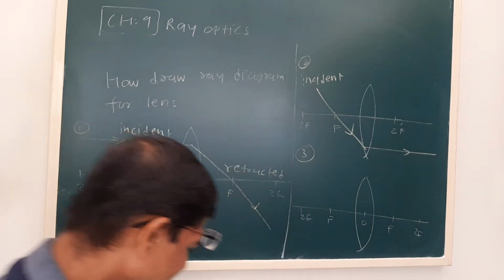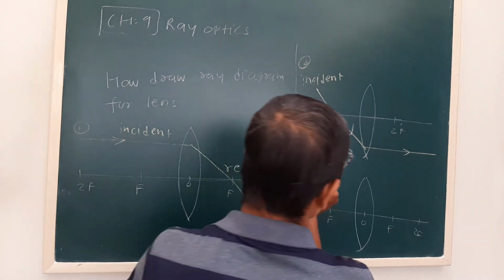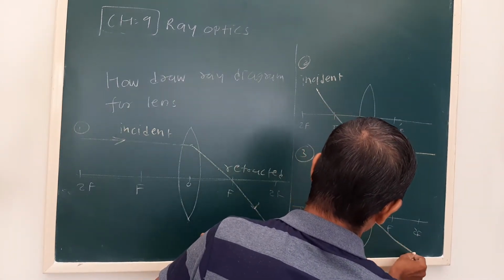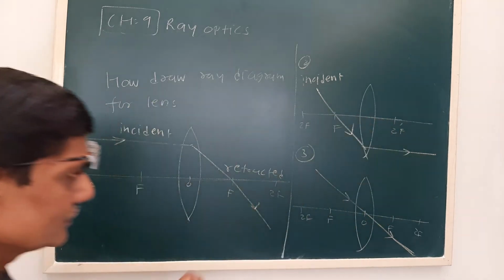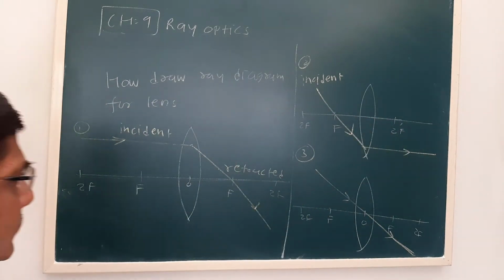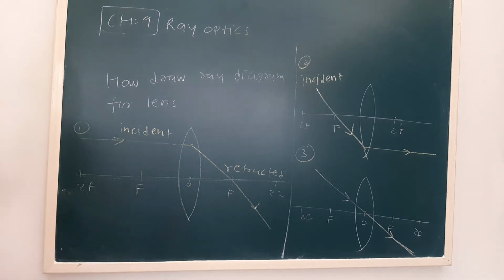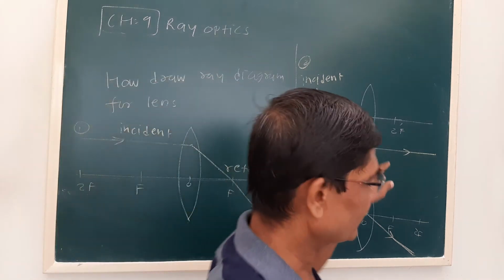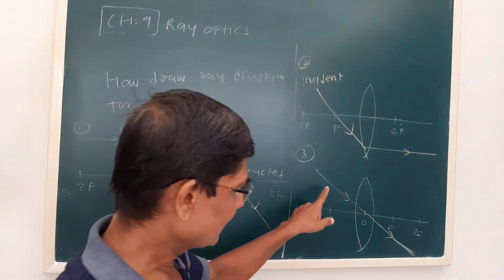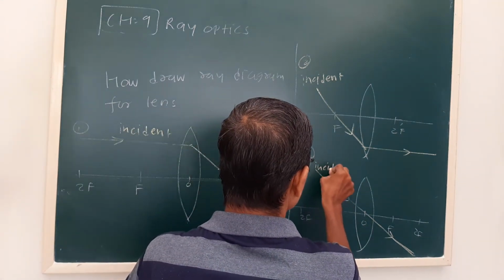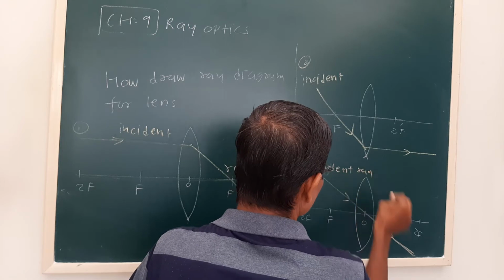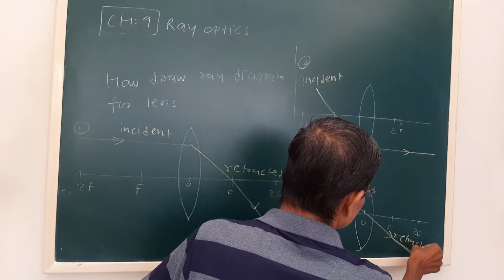The third condition we have to see: if the ray passes through the optical center of the lens, it will travel without changing direction. See here, after refraction the direction is changed, here also it is changed, but here, this will be the incident ray and this will be the refracted ray.